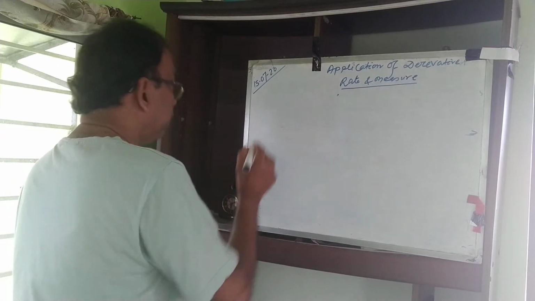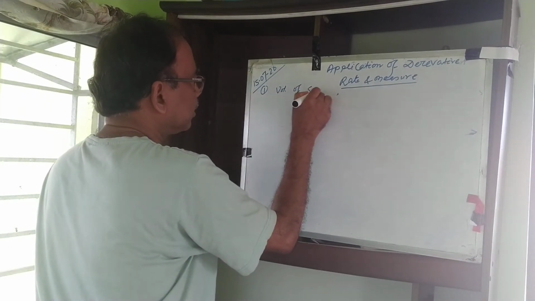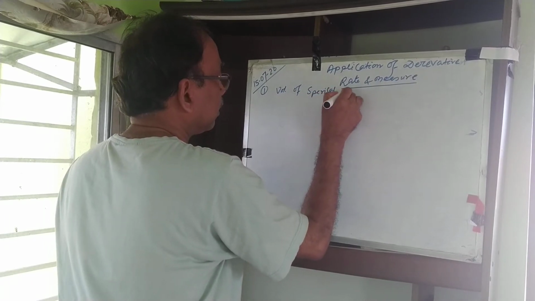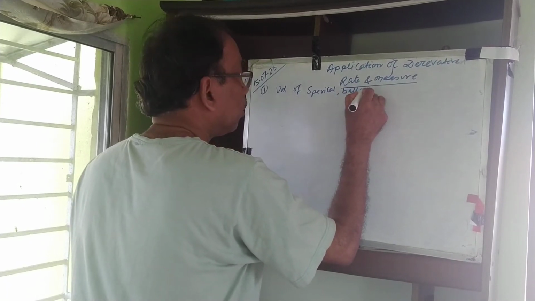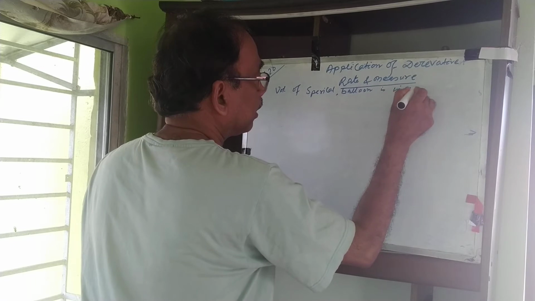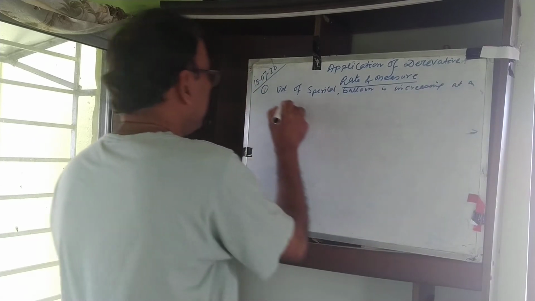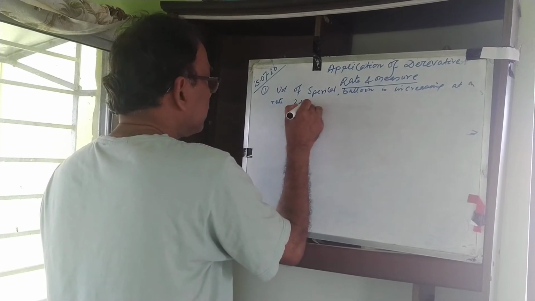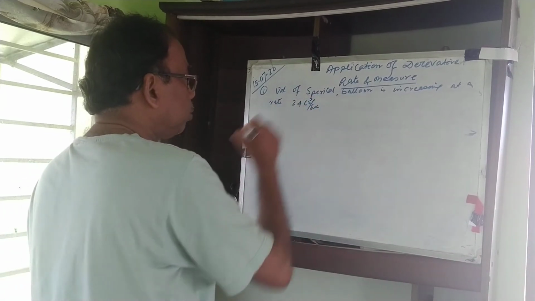The volume of a spherical balloon is increasing at a rate of 24 centimeter cube per second.